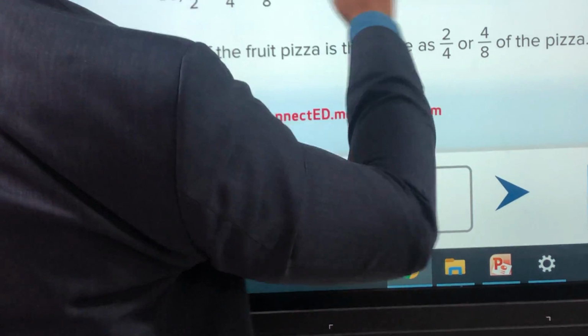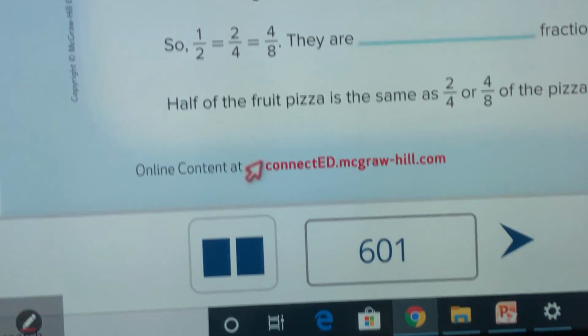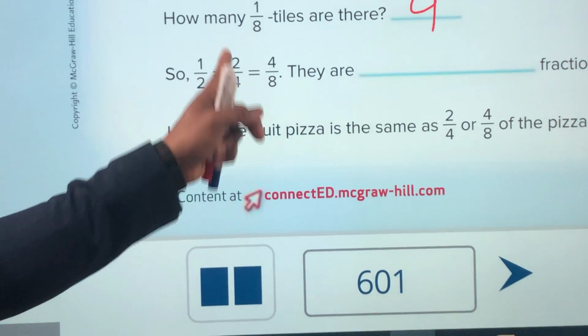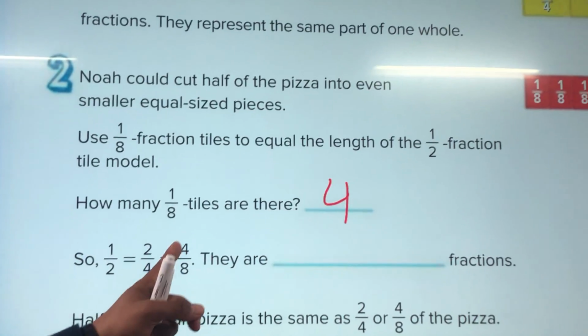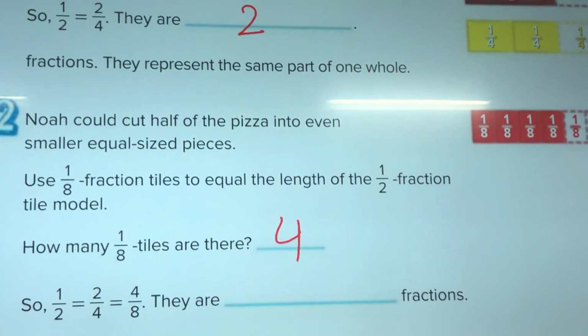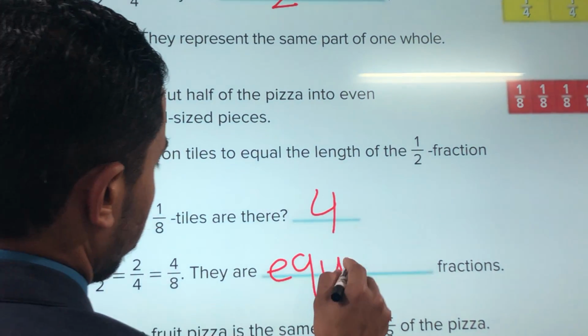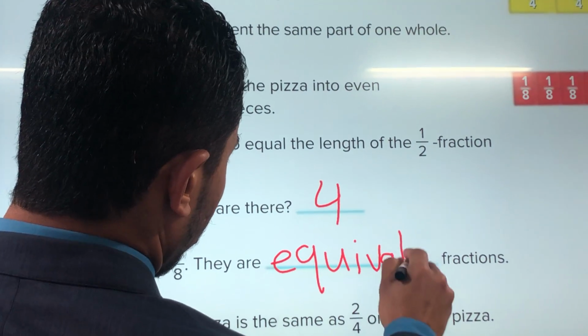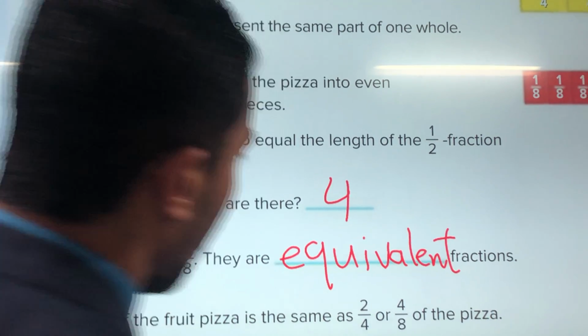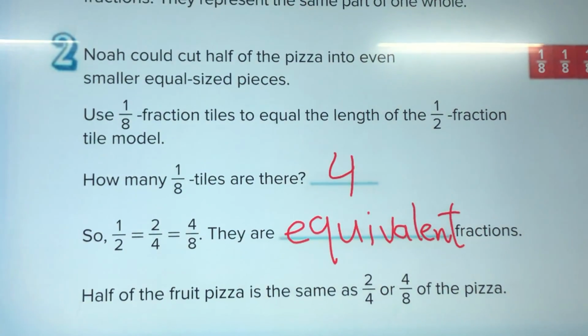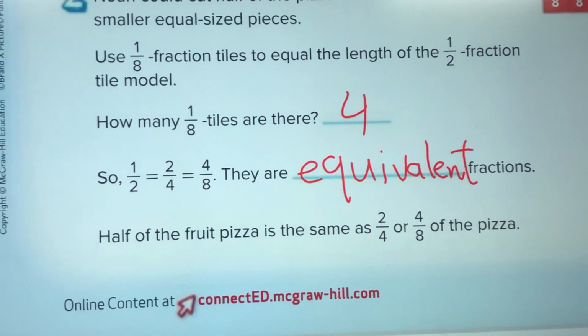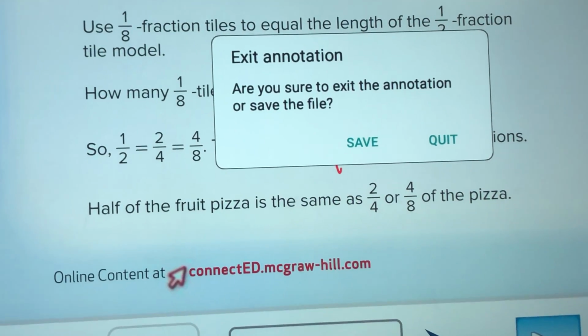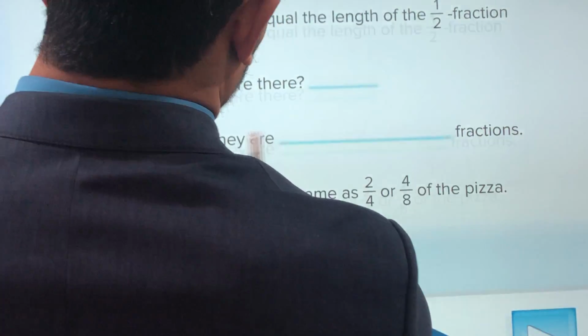So here is 2 quarters and here is 4/8. So 1 out of 2, and 2 out of 4, and 4 over 8, they are equivalent fractions. Good. Grade 3. Excellent.